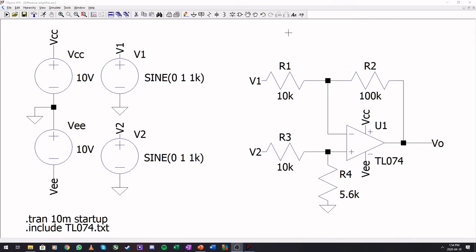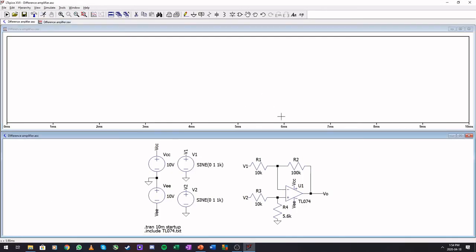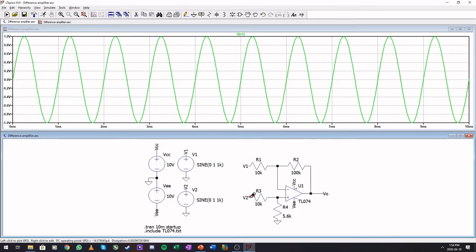So I went ahead and set up a simulation for the first case that we had, where we wanted 4 times V2 subtract 10 times V1, and I input two 1 volt sinusoids at the same frequency. So if we run the simulation and we check these two voltages, they are both in phase with one another and both have amplitude of 1.